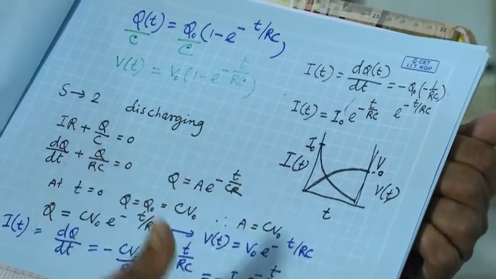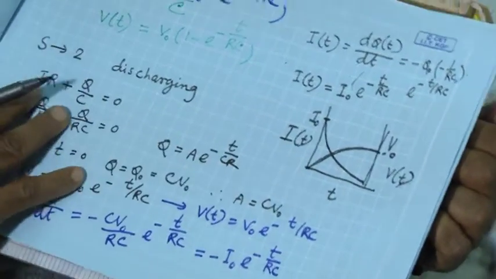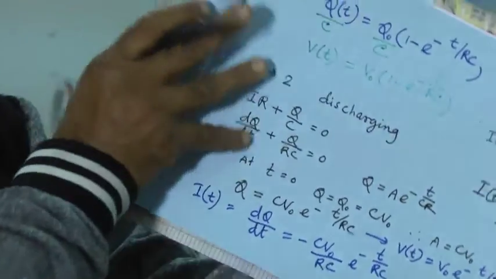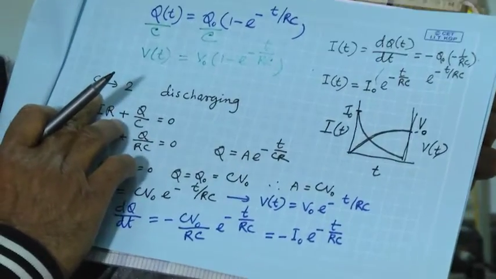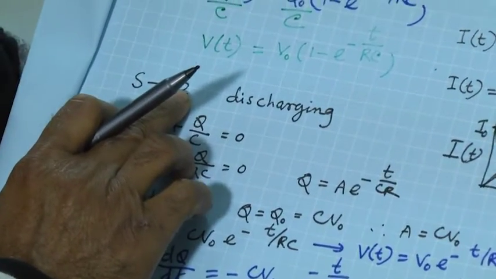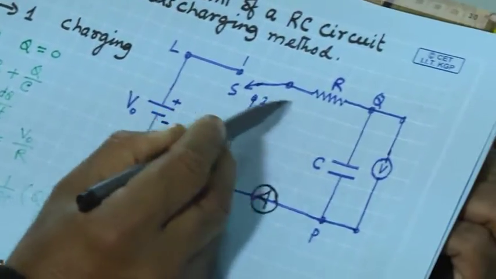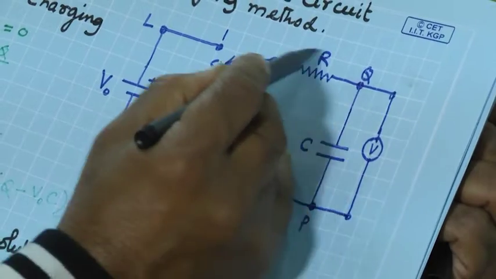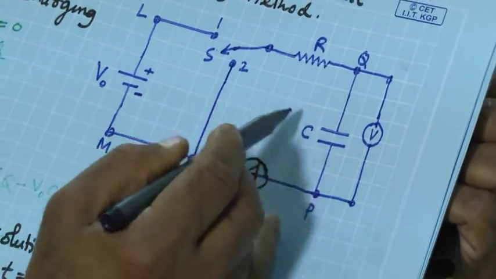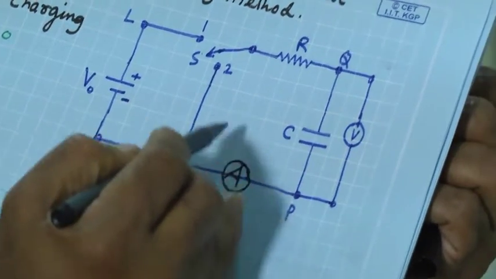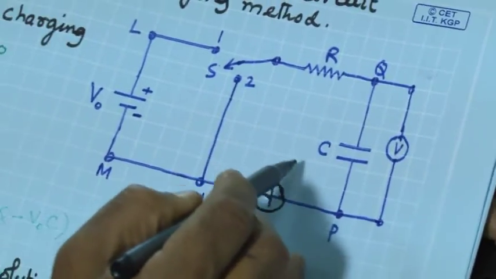Let me come back to this after discussing discharge. Now, the switch S is connected to 2 at this point. There is no battery, no power supply in this circuit. The capacitor is already fully charged.